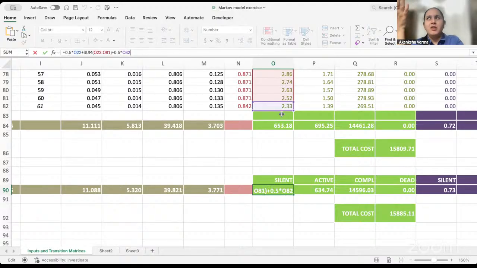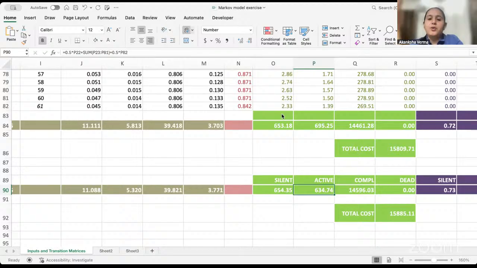There are also a few other formulas for it, but this is the way I prefer doing it because I've been doing it that way. So this is how you correct your model for half cycle correction, and you are applying all the transition probabilities and utilities midway of your year.